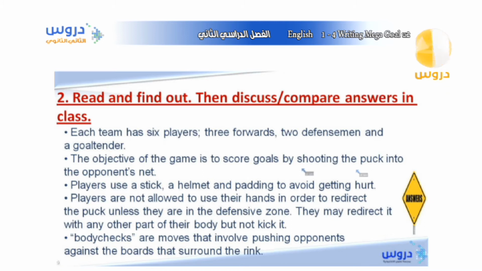By shooting the puck. Players use a stick. This is a kind of equipment they play with. Players use a stick, a helmet, and batting to avoid getting hurt. Batting, they put it on their knees, and helmet, they protect their heads.